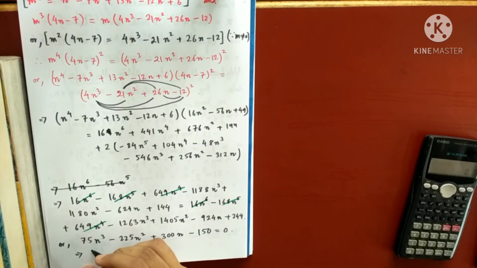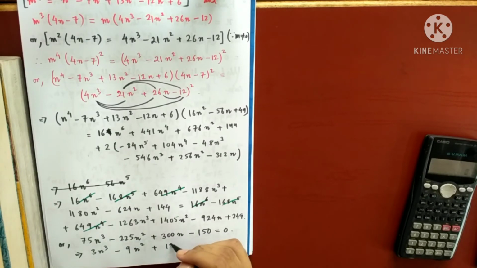So let's divide. 25 3s are 25, how much? 9, right? 25 9s are 225, 25 12s are, and 25 6s are. It is again getting divided by 3. So n cube minus 3n square plus 12n, that means 4n minus 2 equals to 0.